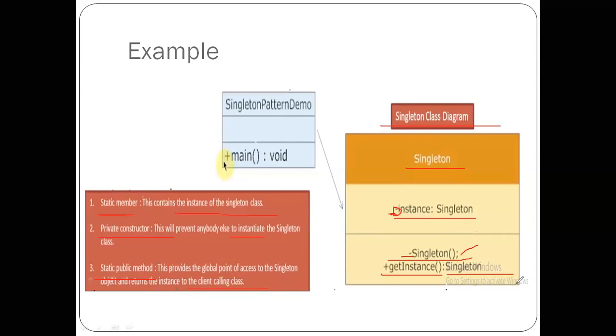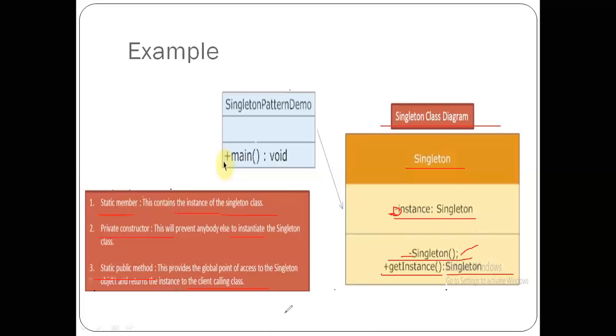It will return the singleton instance whenever the client accesses this getInstance method by using the singleton class. If it is the first time, it automatically creates this singleton object.